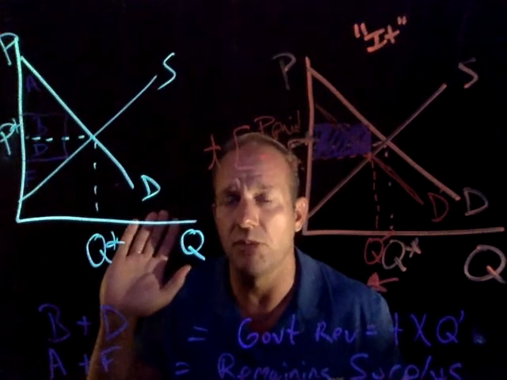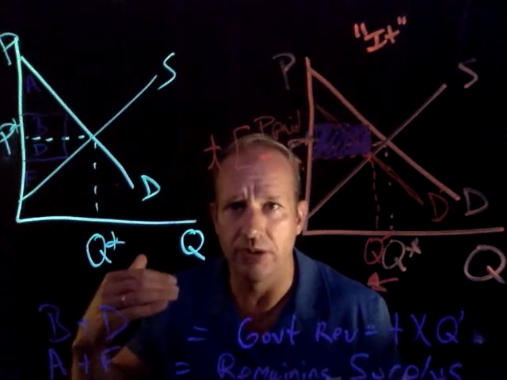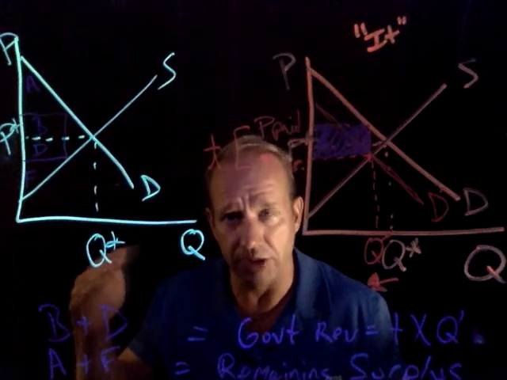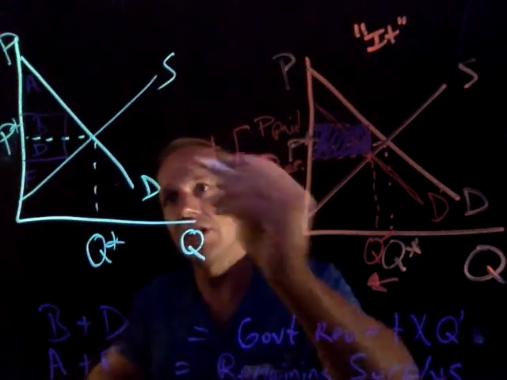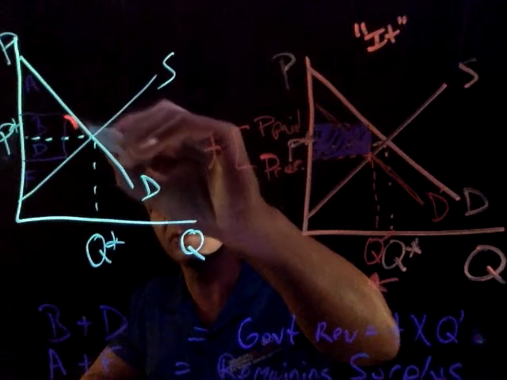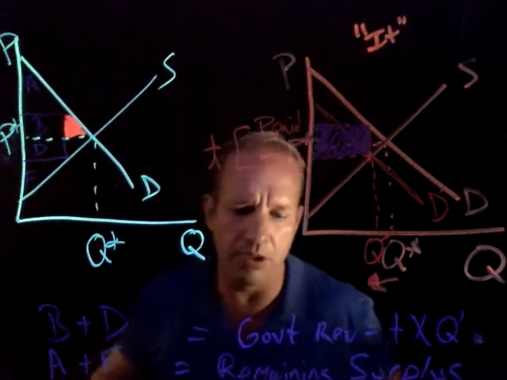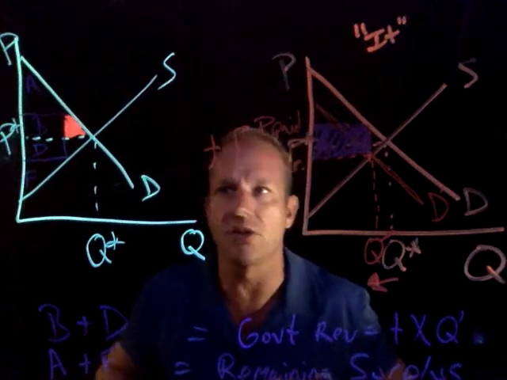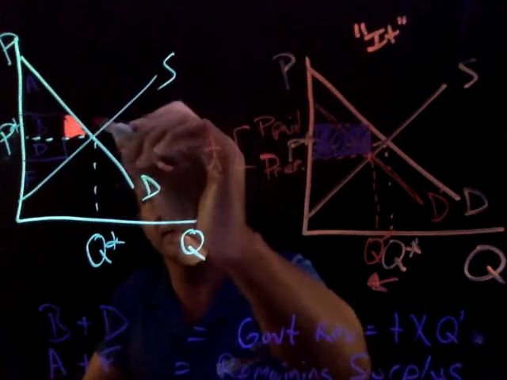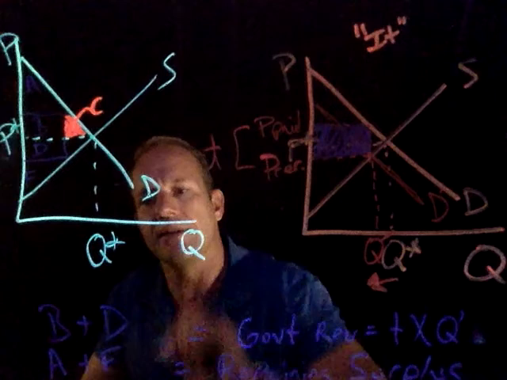They're not going to buy it anymore at all. They're out. That's above their threshold price. So this part is lost from consumer surplus. But nobody's benefiting from that. It's just gone. And we'll call that C.